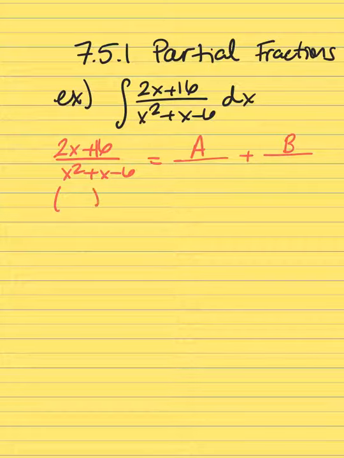That's doing FOIL backwards, where I ask myself, what multiplies to negative 6 but adds up to 1, because it's 1x.